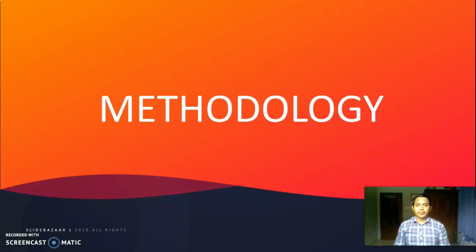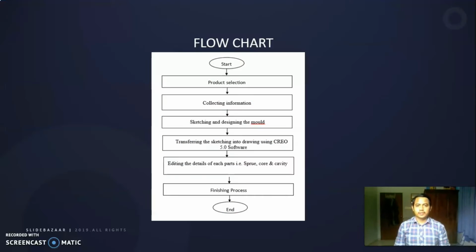Okay, so we proceed to methodology. For the methodology, I have provided two pictures, the first one is a flowchart. For the flowchart that we use in this process, first we start, second is product selection, third is collecting information, fourth is sketching and designing the mold, fifth is transferring the sketch into the drawing using Creo 5.0 software.